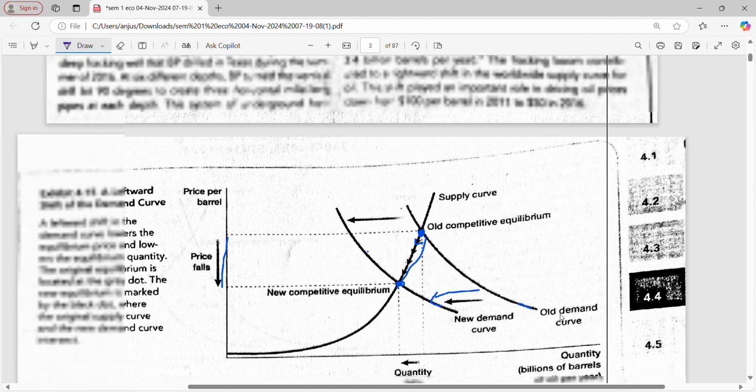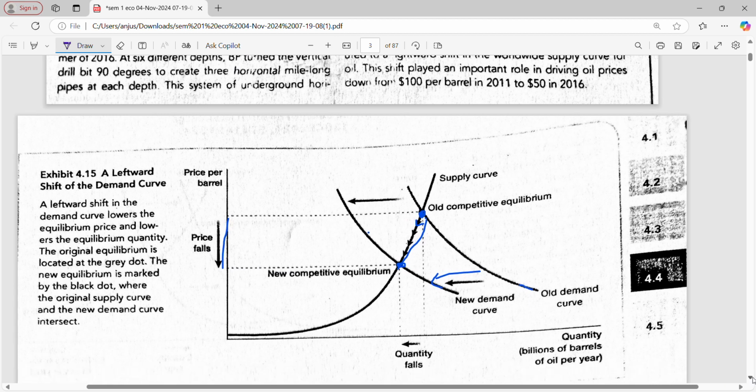Next is another situation. What would happen if rising environmental concerns and new energy saving technologies led consumers to use less oil at any given price? Usually we studied that when the price decreases, the demand will increase, right?